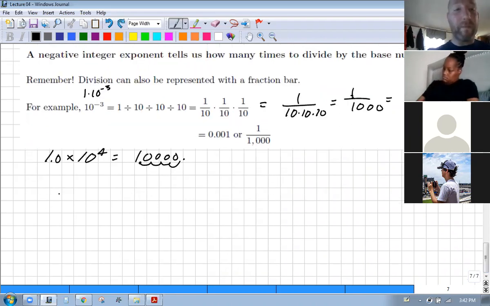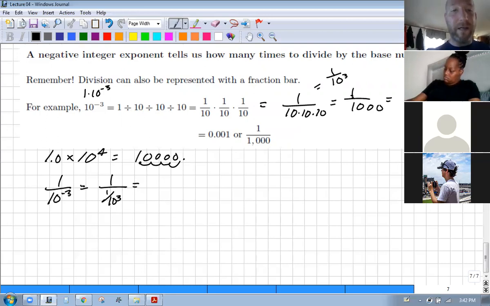So what if you had 1 over 10 to the negative 3? Well, 10 to the negative 3 is 1 over 10 cubed, right? That's what this is here, 1 over 10 cubed.